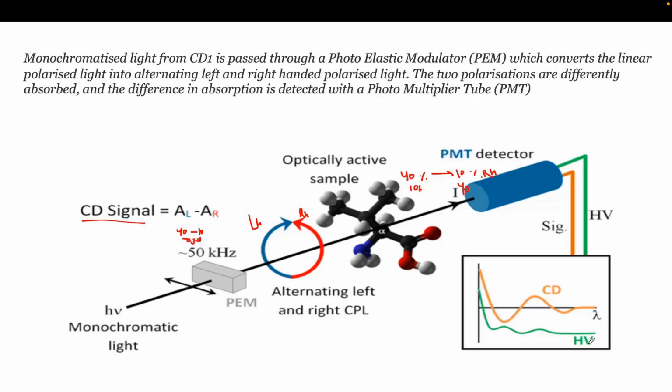Then there is the HV, which is nothing but the voltage set up. If your sample also contains a certain kind of molecule which can cause noise, that is represented by this voltage. So there are two types of graph: one is the CD signal and the other is the HV. The HV is for the noise signal and this one is for the CD signal.